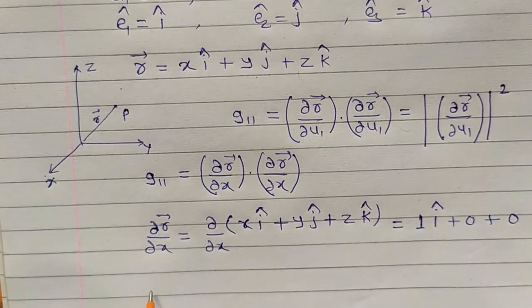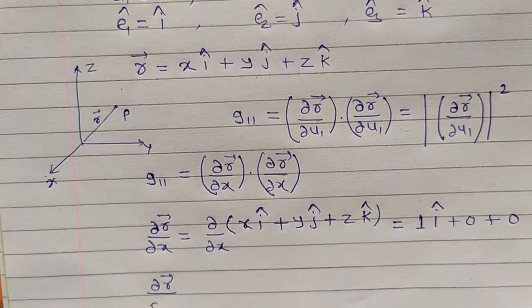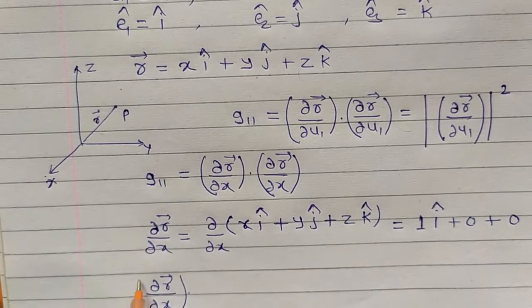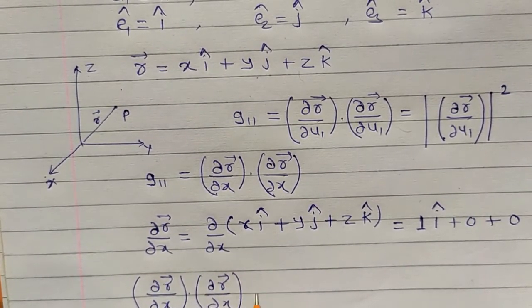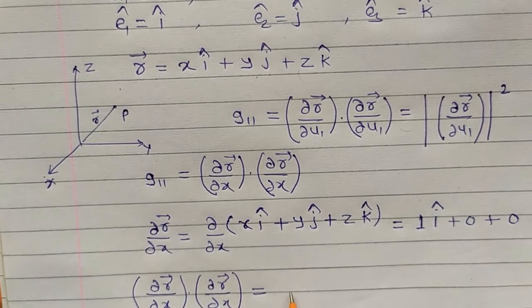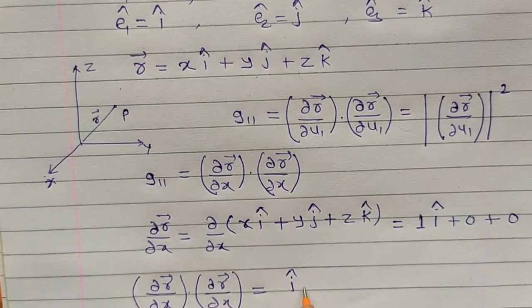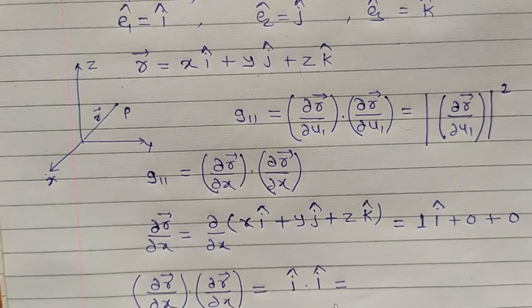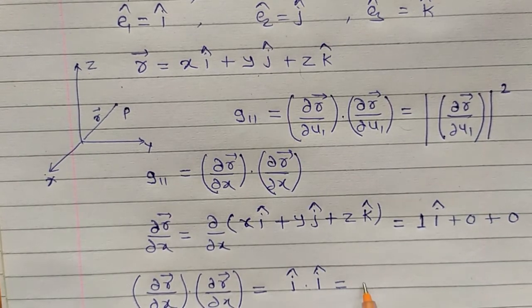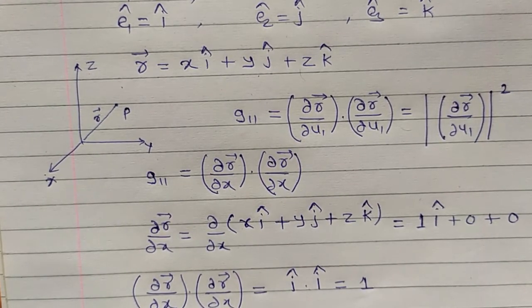Then I want to take a dot product of ∂r bar by ∂x with ∂r bar by ∂x, right? Then it will be i cap dot i cap, and you know i cap is a unit vector, so its magnitude is 1, and if you take a dot product, its value will be 1.